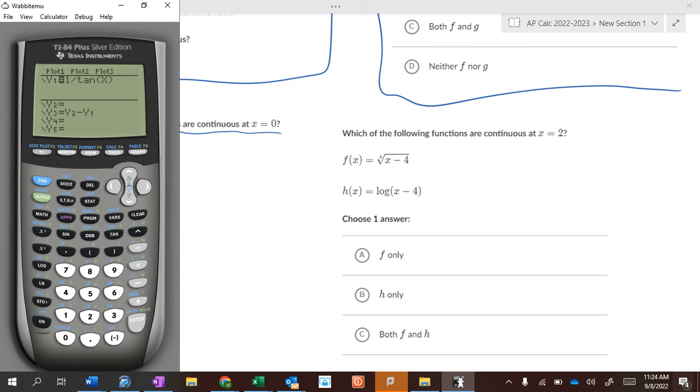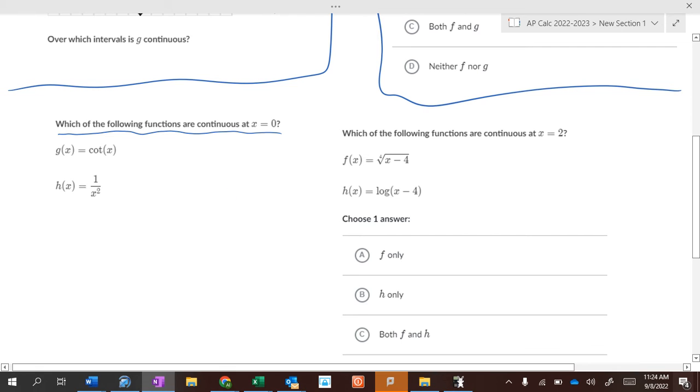Now, I have to make sure that if I'm graphing a trig function, it's in radian mode. So now if I graph it, that's what cotangent looks like. It's always decreasing. But see, what happens at 0? There's an asymptote.